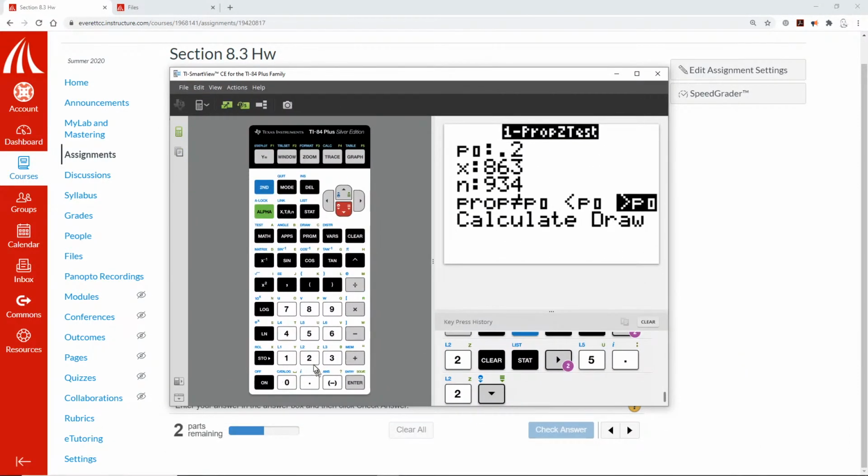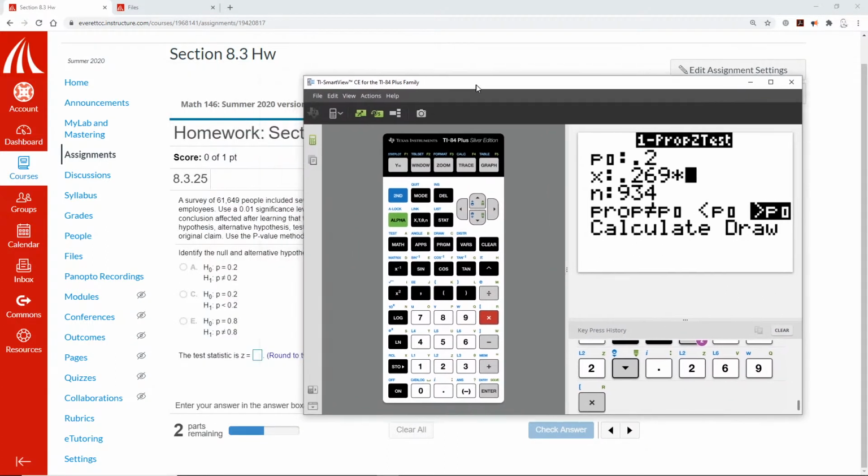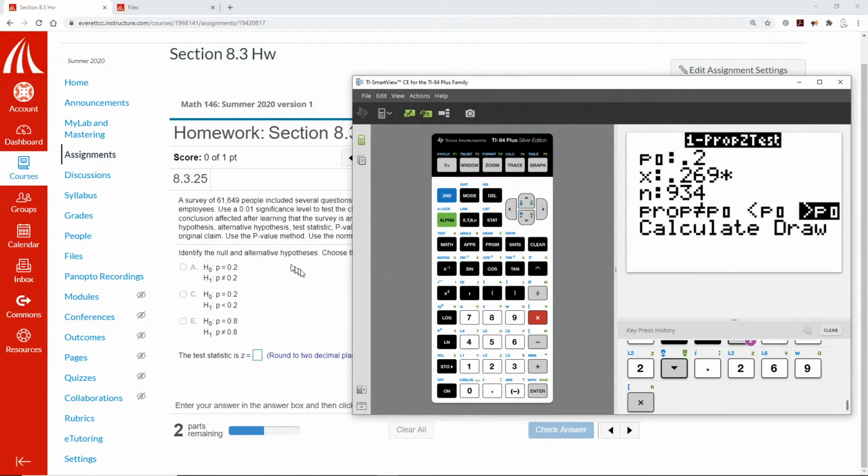What we'll do is say, hey, 0.269 times 61,649. And then 61,649 for our n. Now I need to round this off. I'm going to round it off to 84.